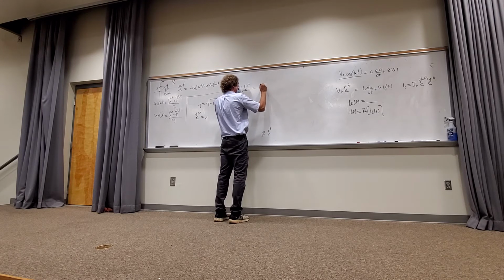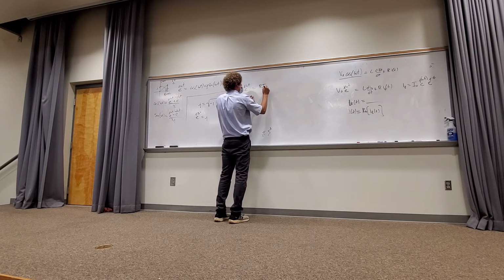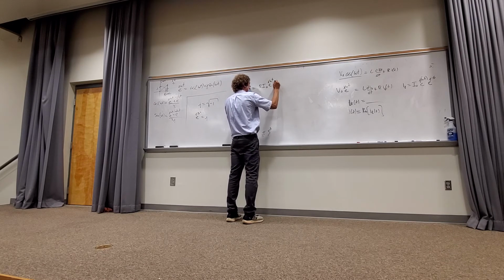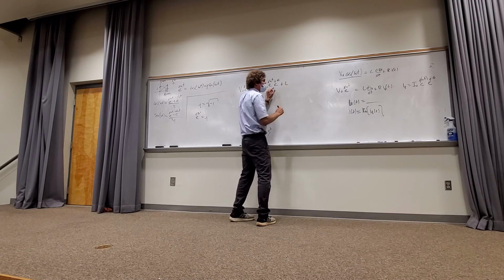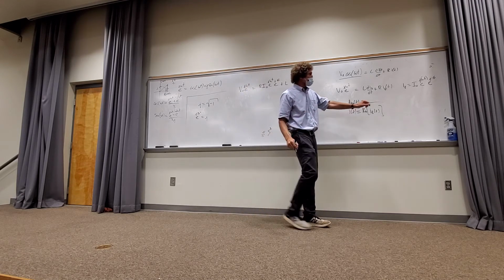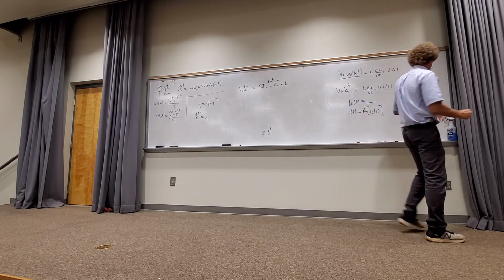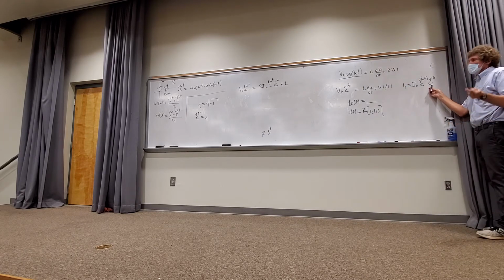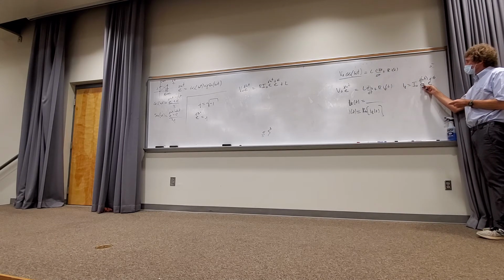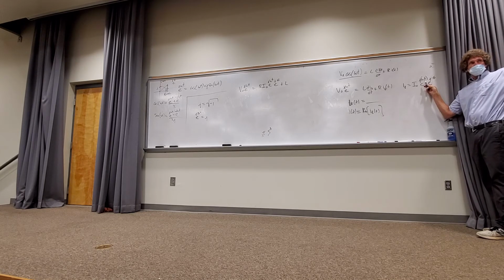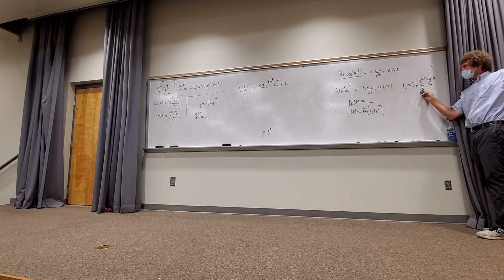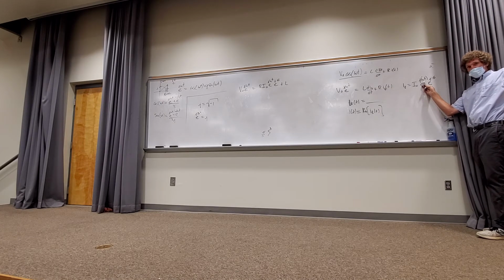R times I, and I'll just call it I naught, e to the j omega t, e to the j theta, plus L. And you'll notice if this represents the function of form for I of t, when I take a derivative of this with respect to t, you see how you get the j omega out in front, people? Can you all see that in far back? How many see that, right? You take a derivative of that with respect to t, well, you bring out a j omega, right?